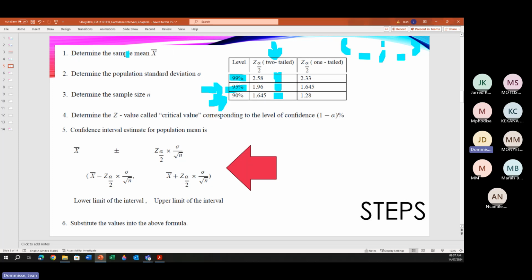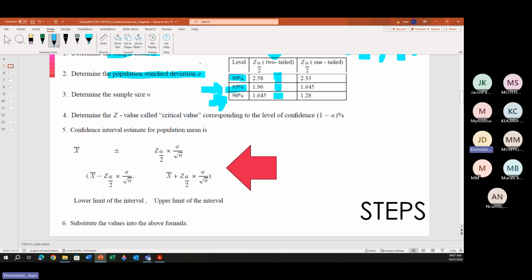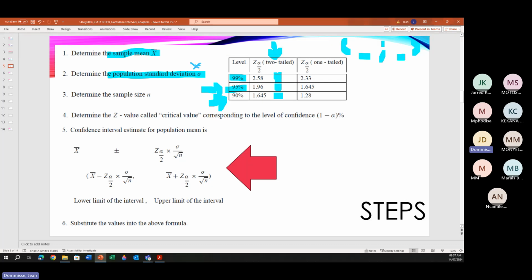They will normally tell you what the sample mean is. They must tell us if that standard deviation is known or unknown. Okay, so that's a critical one to look out for.